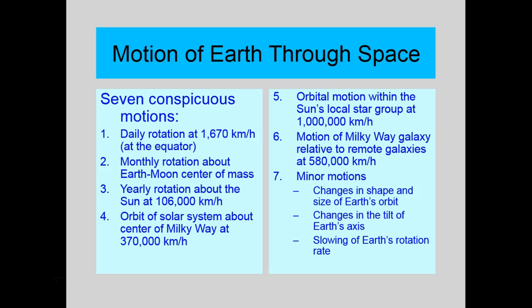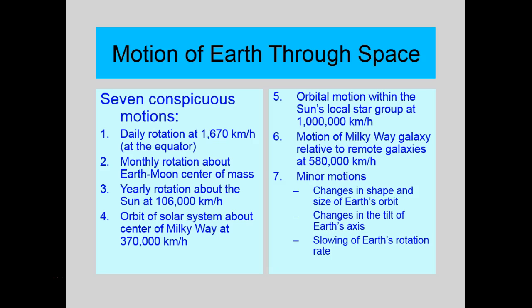So we have a little group of stars around our sun, not around our sun, we're in the star group. Maybe a small black hole we're moving about. And that's about 1 million kilometers per hour there within the local star group. And that would be about 600,000 miles an hour. We are moving. We don't realize that we are.